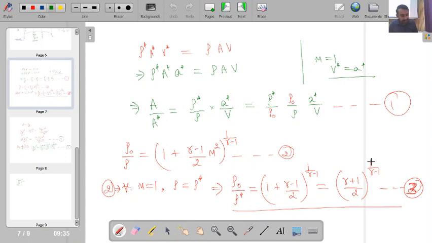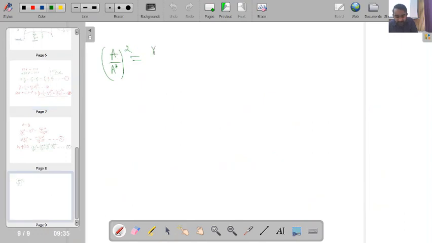First term is gamma plus 1 by 2 power minus 2 by gamma minus 1. Sorry, not minus 1, minus 2, because we have to take the square also. We have to take rho star by rho naught square. So square is making 2, and because the ratio is on the opposite side, minus 2 by gamma minus 1. Is this one clear? This is one term.